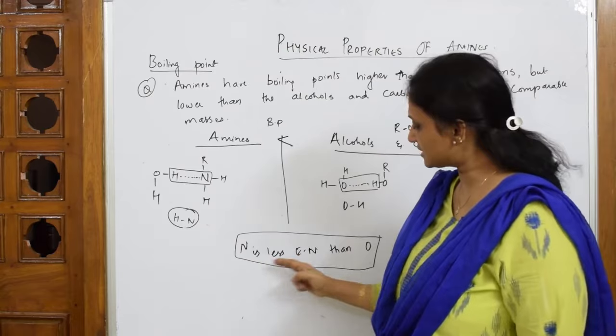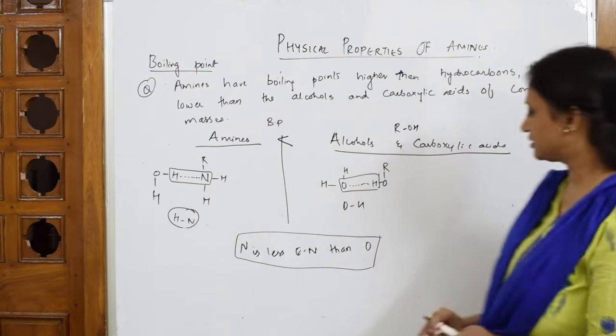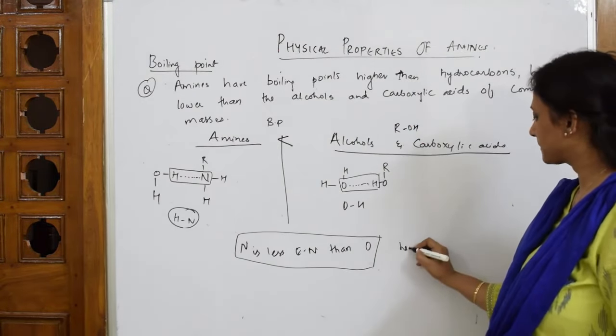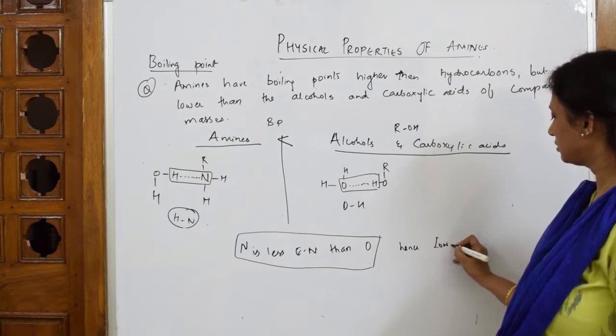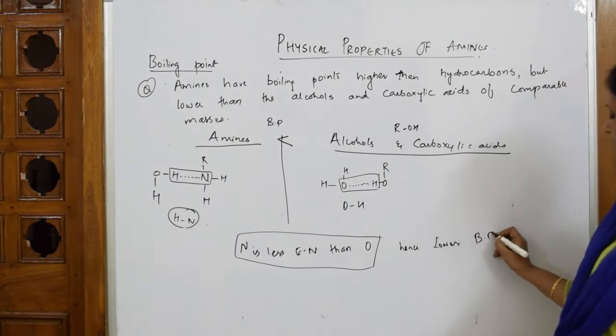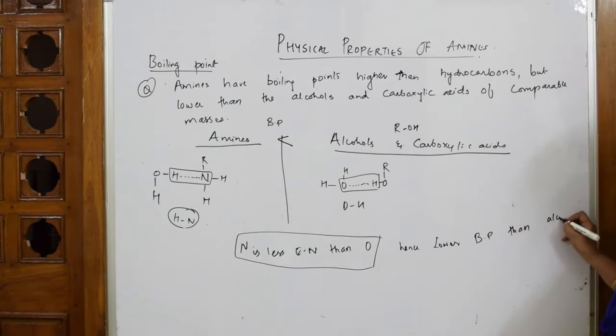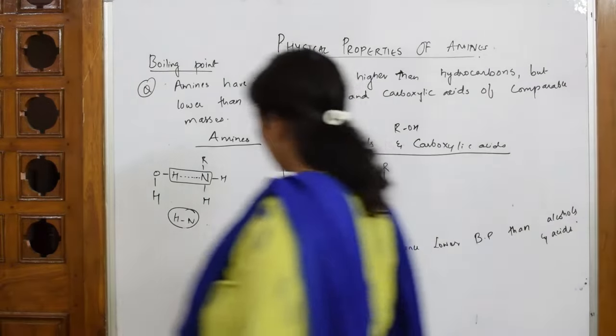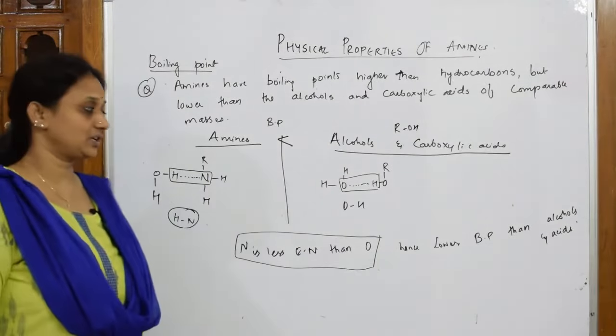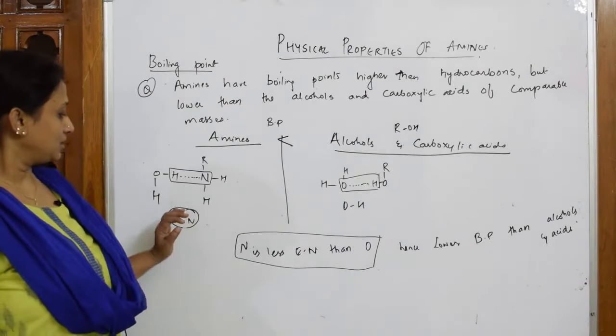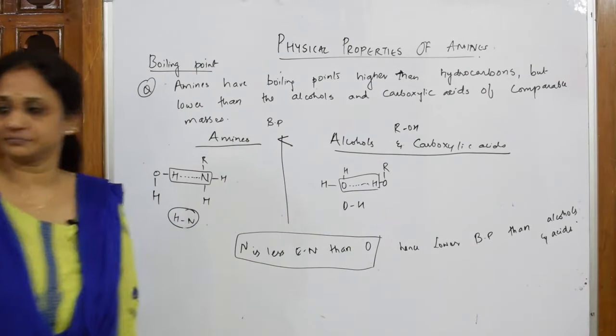But here nitrogen is less electronegative than oxygen, hence lower boiling point than alcohols and acids. That's it. That should be your answer. This is your keyword, less electronegative atom. That is your most important keyword, and you can finish your answer.